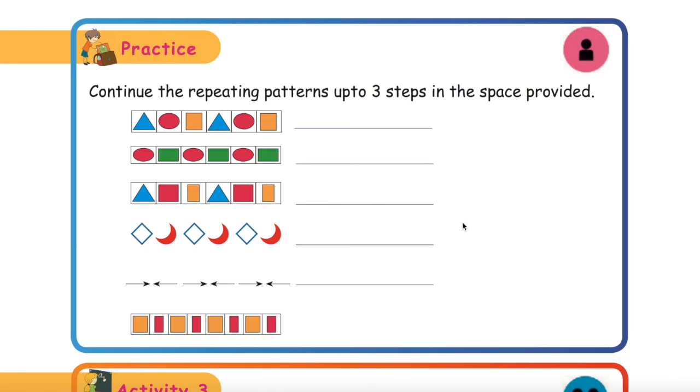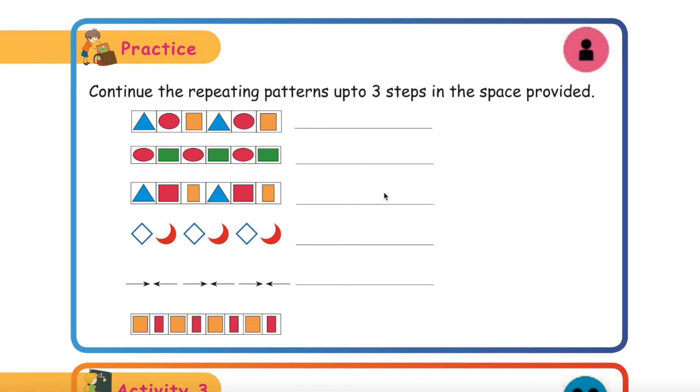So you can practice the repeated patterns. See, these are three steps. Again, 3 steps you can form here. Make a triangle, circle, and rectangle. Here circle, rectangle, circle, rectangle, circle, rectangle, like that. Here triangle, square, rectangle, triangle, square, rectangle.